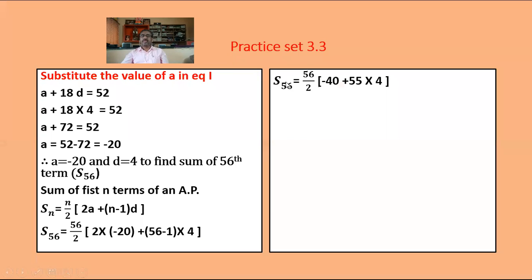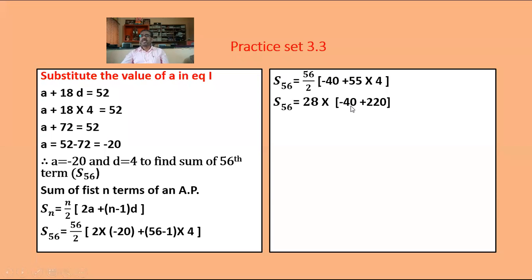Therefore, S56 is equal to 56 upon 2 in bracket 2 multiply minus 20 is minus 40 plus 55 multiply 4. S56 is equal to 28 multiply in bracket minus 40 plus 220.